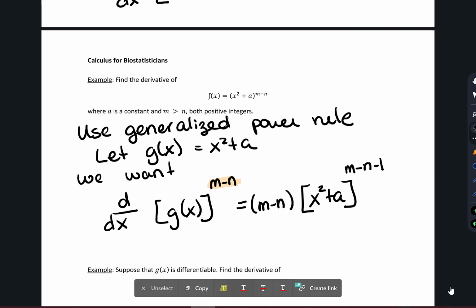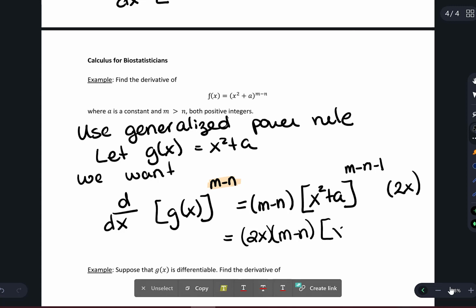And then I just need to multiply by the derivative of g of x. And here g of x is x squared plus a. So the derivative of that is 2x. And so we could write this then as 2x times m minus n times x squared plus a to the m minus n minus 1.